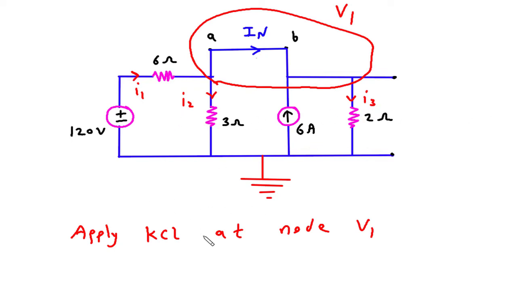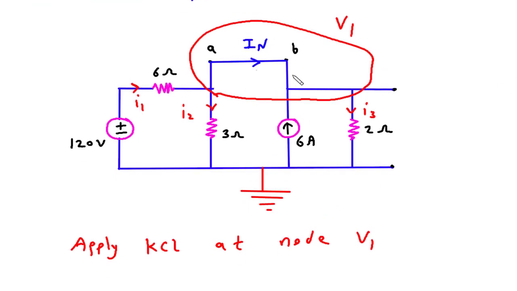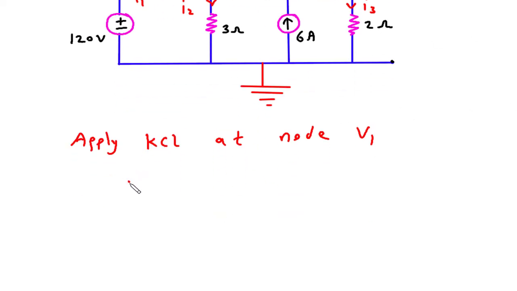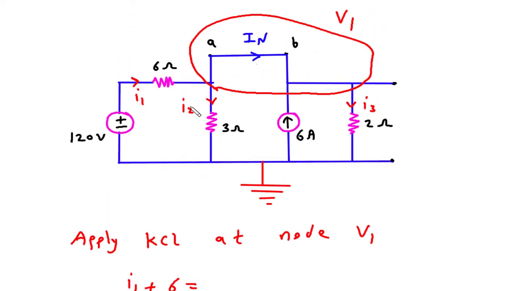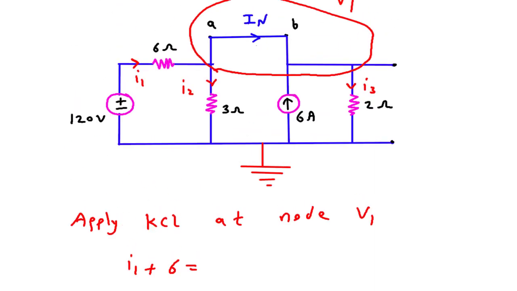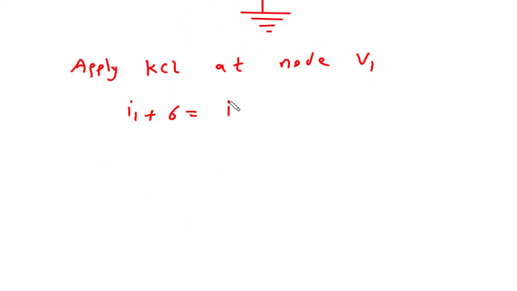Applying KCL at node V1, summation of all the entering current: entering current at this node is I1 plus 6, which is equal to leaving current, I2 plus I3.